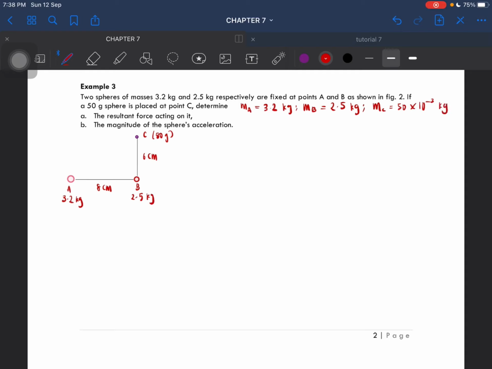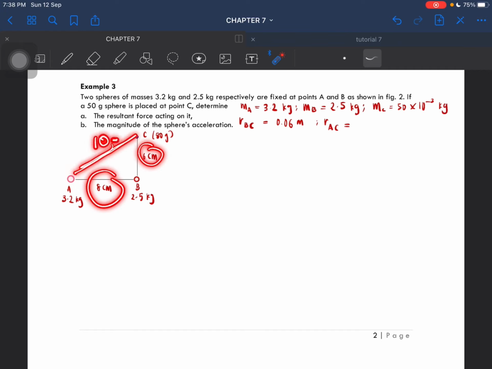Then the distance between mass B and C is equal to 0.06 meter, and then the distance between point A and point C, if we use trigonometry, remember 6, 8, the hypotenuse is 10. If not, you can calculate using a square plus b square equals c square. So this is 10 centimeter, which is 0.1 meter. So that is the information that we have.